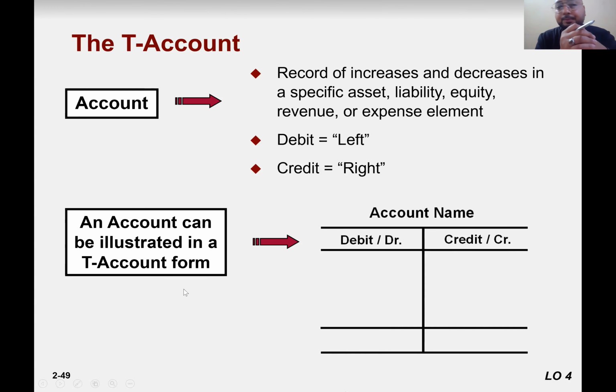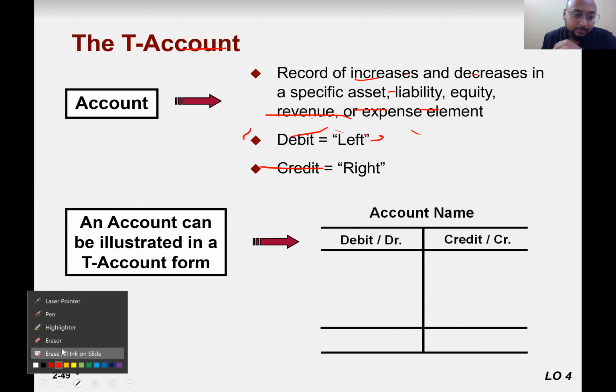So now look at that. A T account records the increase and decrease of a specific asset, liability, equity, revenue or expense element. The left side is called debit. The right side is called credit. Let me just remove this mess so that you can read it yourself as well.